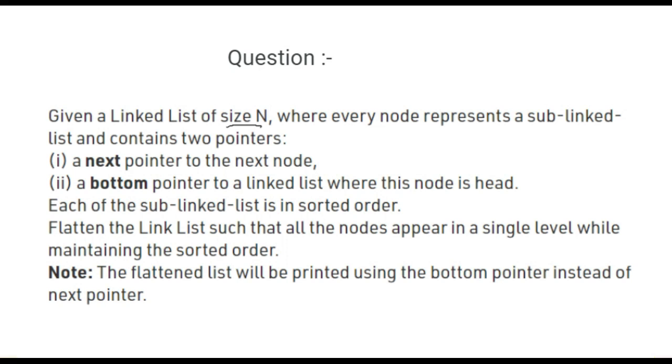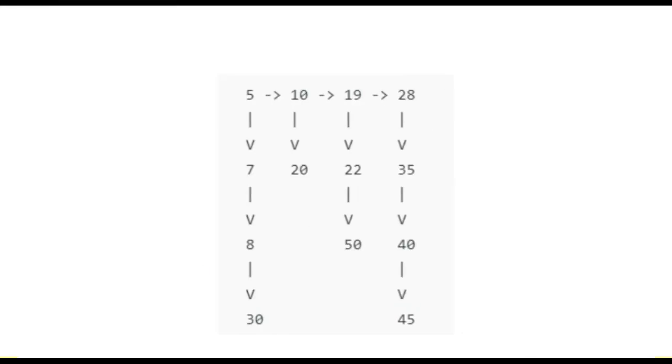Let's understand better with the help of an example here. Consider this to be the linked list we are given. Here you can see that if we consider this to be our root node, then this will act as the head for this linked list, and this linked list, or I say sublinked list, is also a sorted sublinked list, and this next pointer is pointing towards this specific node.